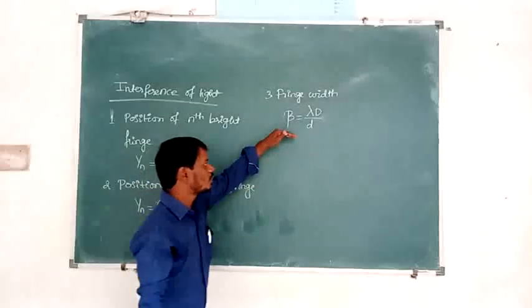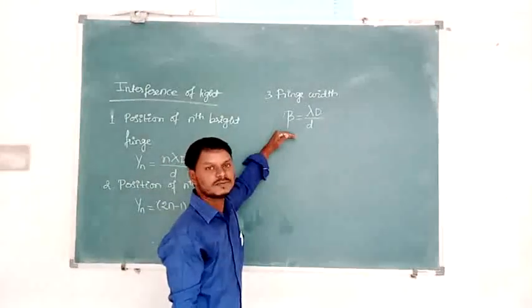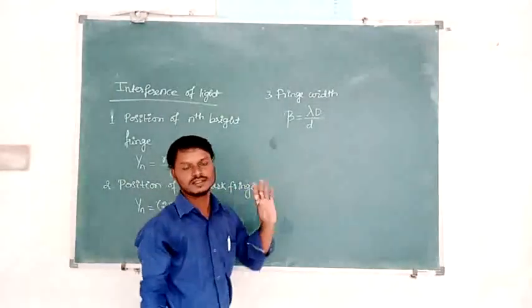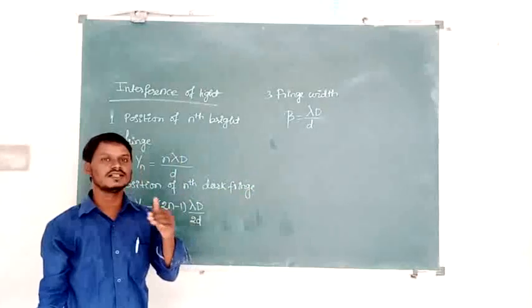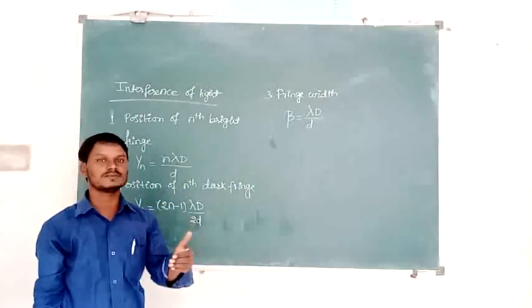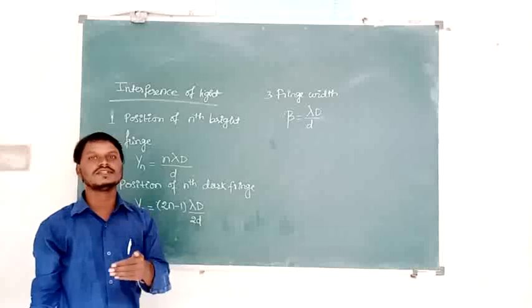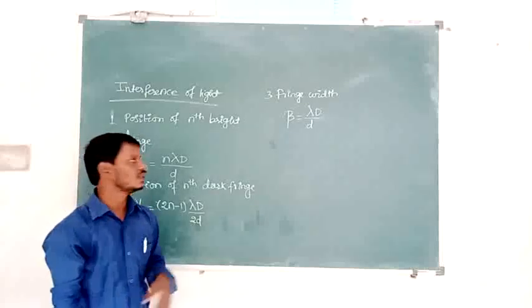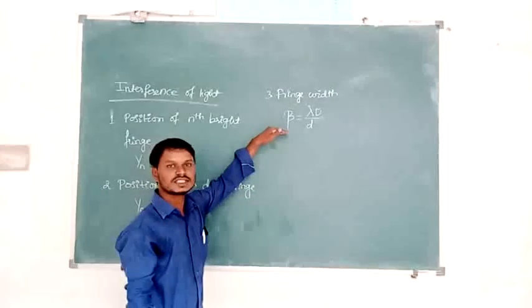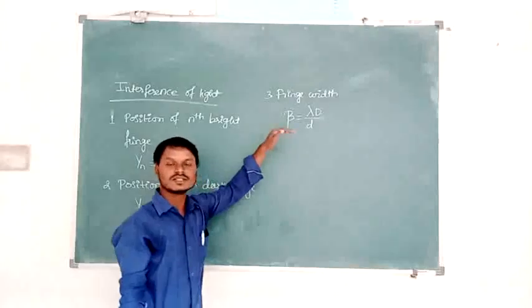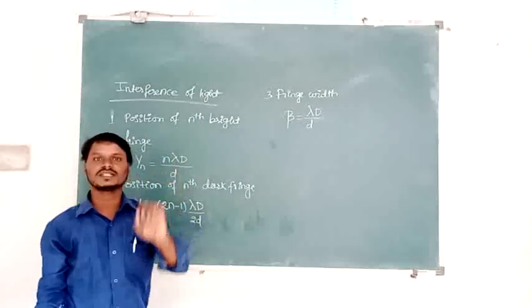But if this experimental setup is placed in air, then the refractive index here is 1. If Young's double slit experimental setup is placed in a liquid of refractive index mu, what is the fringe width now? Does it change or remain the same? Here the fringe width depends on refractive index.